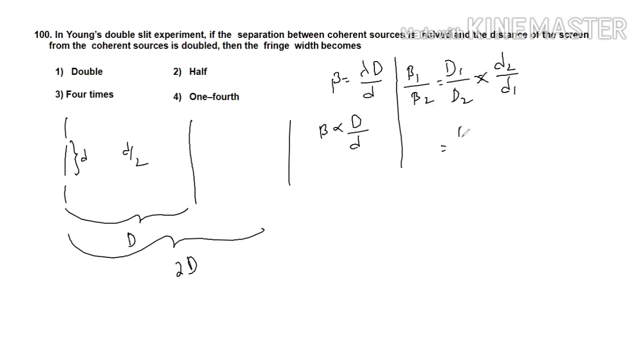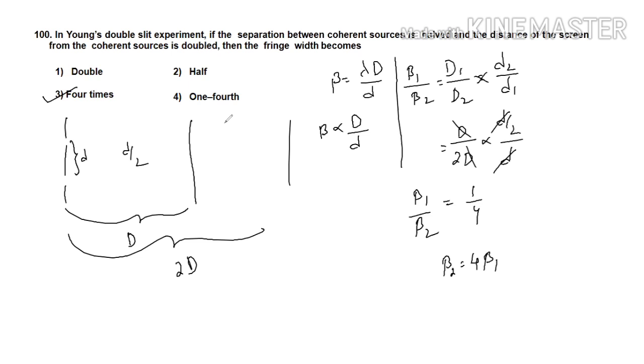So this is D and this is 2D, this is d by 2 and this is d. Here D will get cancelled, small d will get cancelled. So we'll get 1 by 4, beta 1 by beta 2. So now they are asking for beta 2, it is nothing but 4 beta 1. So that means the fringe width will be 4 times that of the initial.